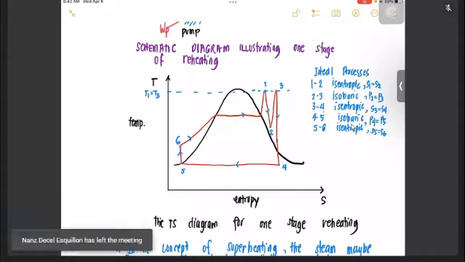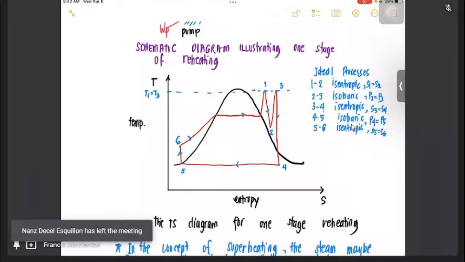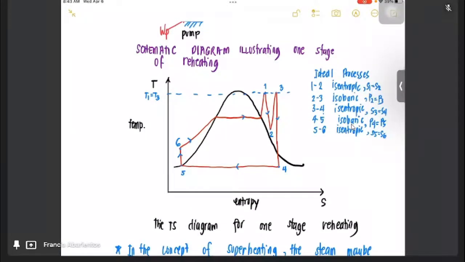From process 1 to 2, isentropic expansion, class. So, yung S1 natin is equal to S2. Yung entropy natin at a given point, from point 1 to point 2, is equal. At a certain temperature, if given sa problem, class, makinig, ulitin ko lang, pag hindi siya given sa problem, kino-consider siya as saturated.